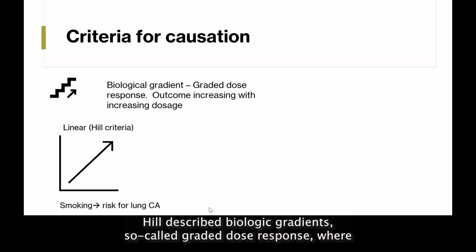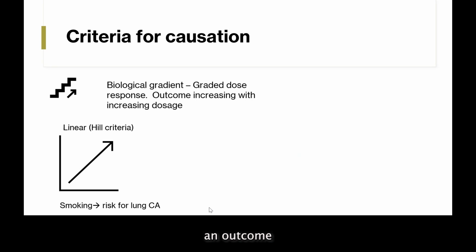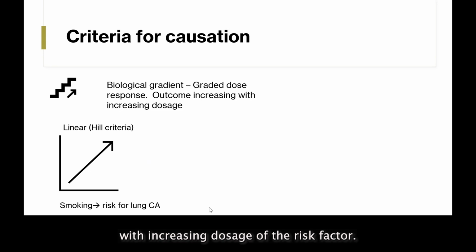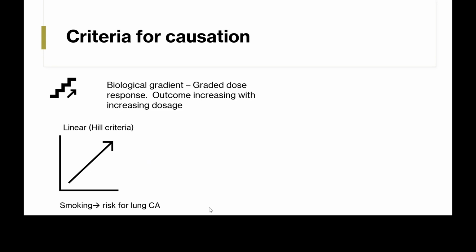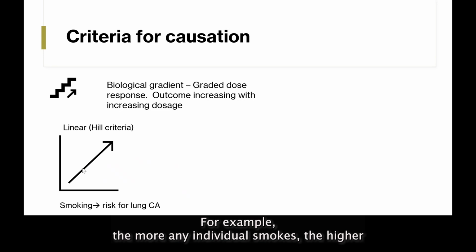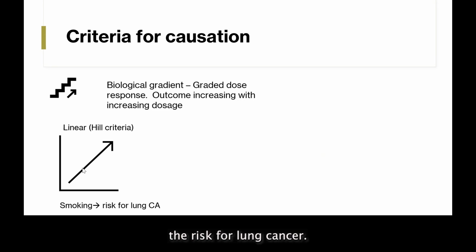Hill described biologic gradient, so-called graded dose response, where the likelihood of an outcome increases with increasing dosage of the risk factor. So this is a more linear Hill criteria. For example, the more an individual smokes, the higher the risk for lung cancer.